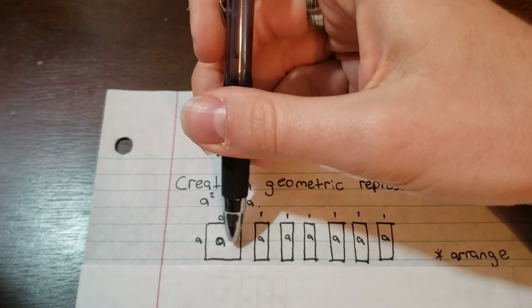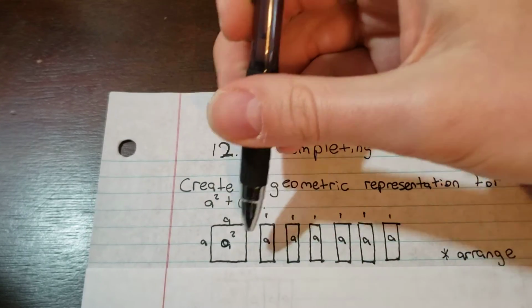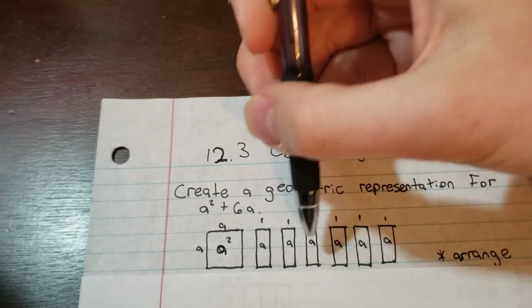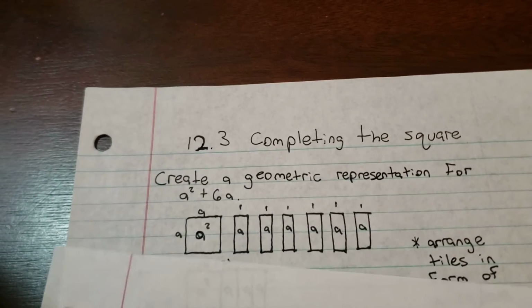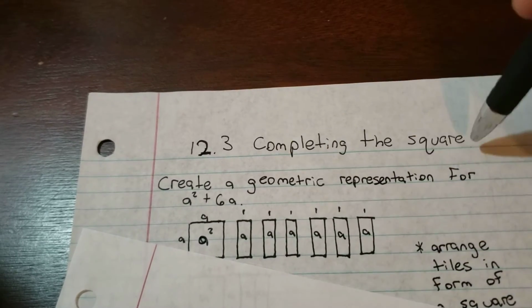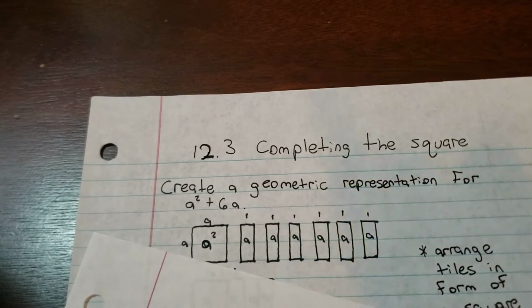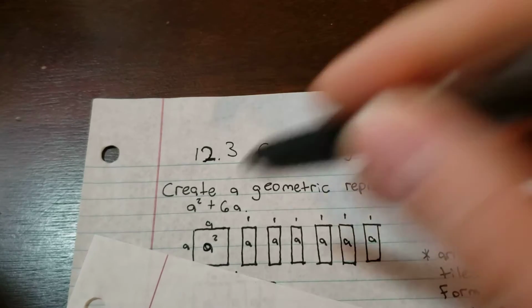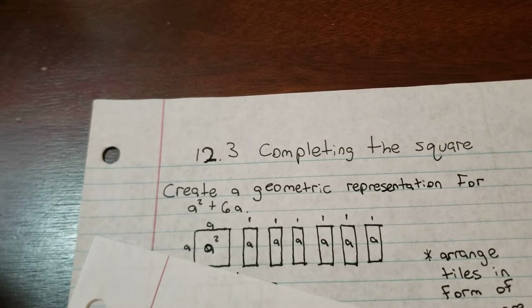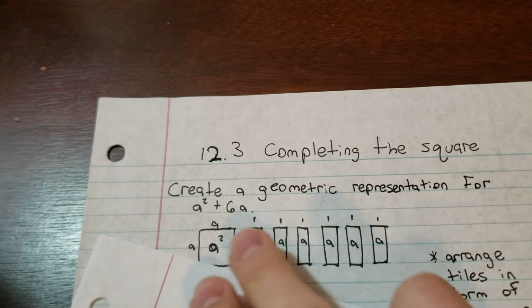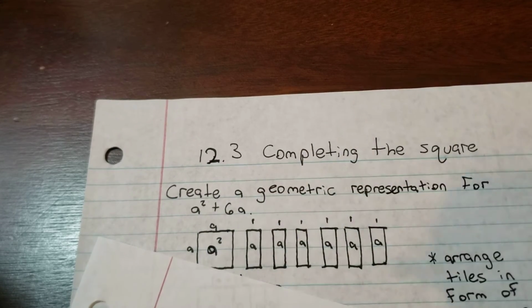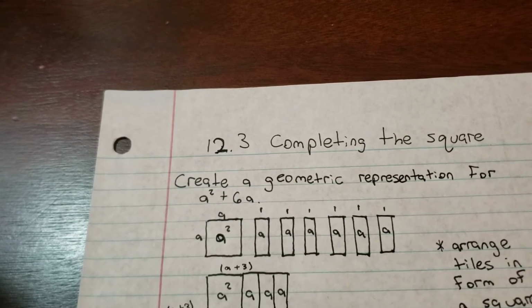A times A is A squared. 1 times A is A. Now what we do, because we're completing the square, is arrange these tiles in the form of a square. So if I take these three and put them underneath this guy, I get that.